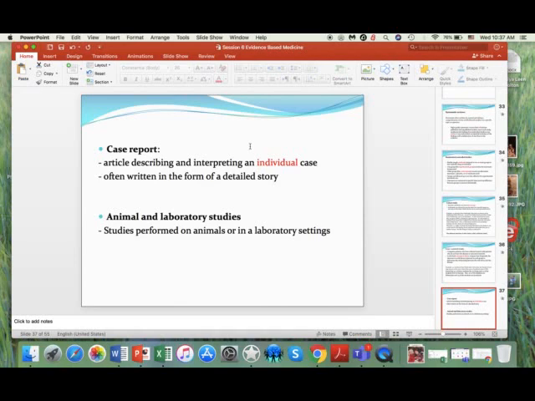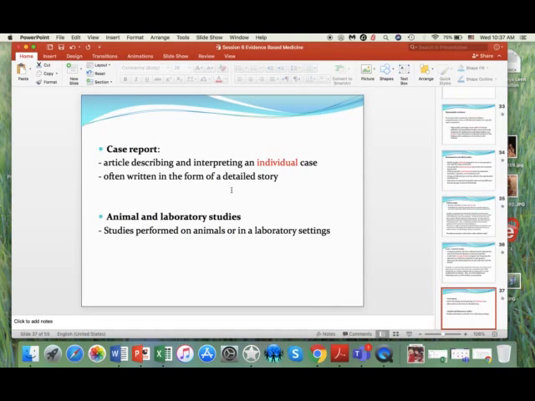So, for example, with COVID, we will be doing drug testing on animals or in a lab setting, or maybe sometimes a doctor might just try a medication, like chloroquine, and then they say, hey, chloroquine seemed to help, my patient recovered quickly.